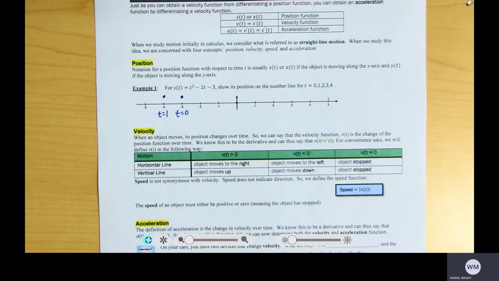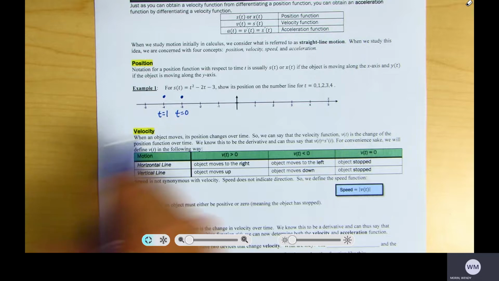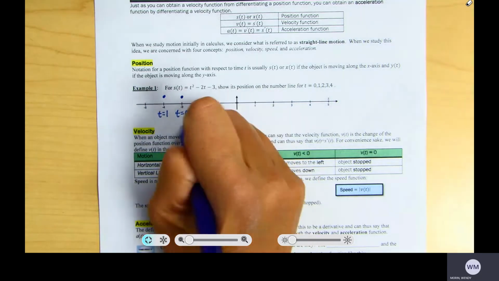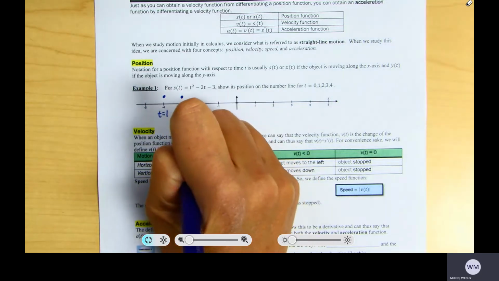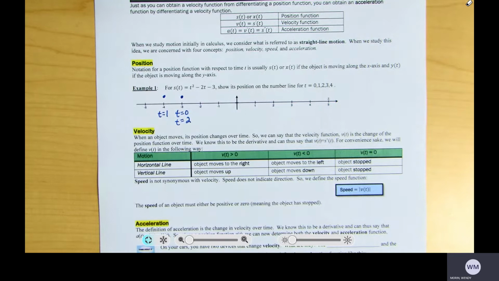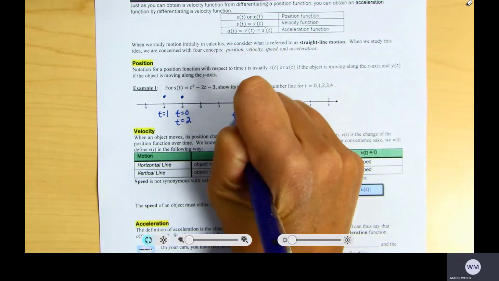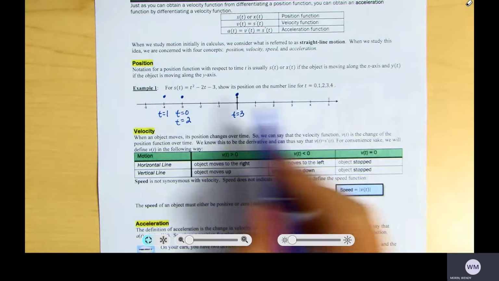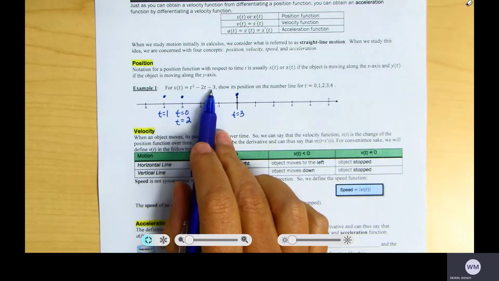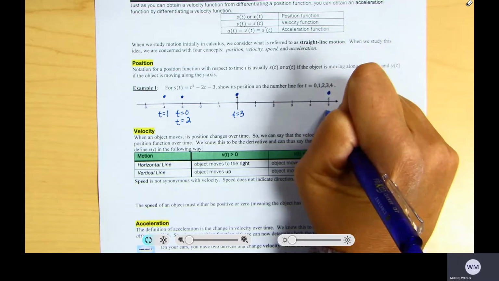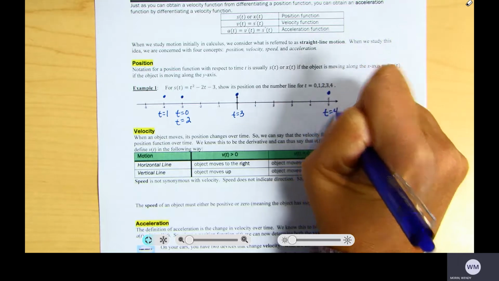When you plug in 2, 2 squared minus 2 times 2 minus 3, you're back at -3, so you're there after 2 seconds. Plug in 3, 3 squared minus 6 minus 3 gives you 0, so you're here after 3 seconds. Plug in 4, 4 squared minus 8 minus 3, that gives you 5. So you are at this position at t equals 4.